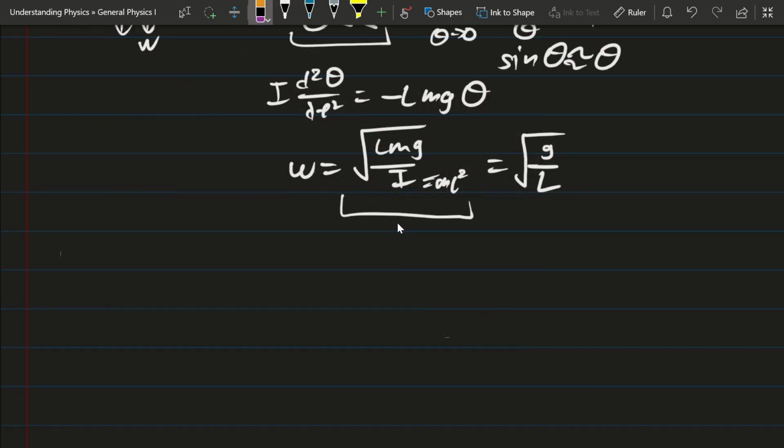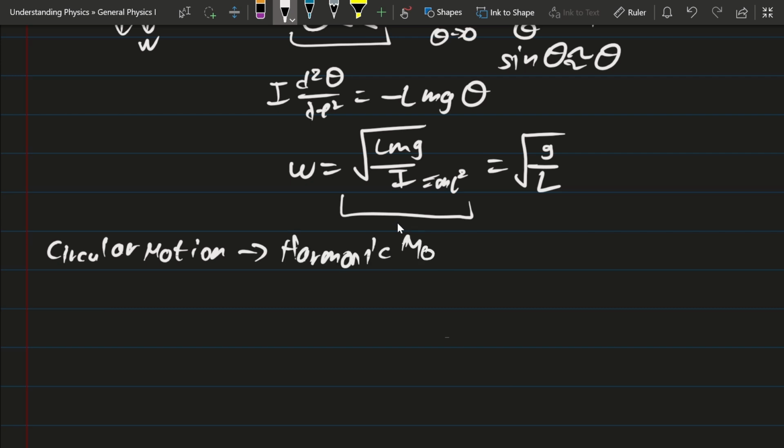So now I want to try to discuss why do we have angular frequency in here. So why is there a counterpart in the circular motion inside of a harmonic motion? One of the reasons was, if you actually do the differential equation, you would get a sine or a cosine, which is a part of the circular motion.